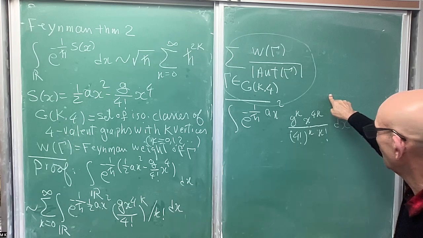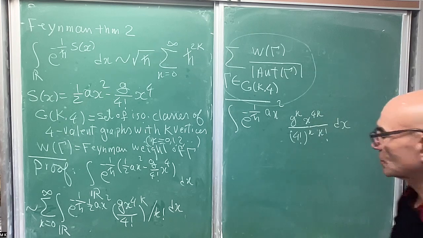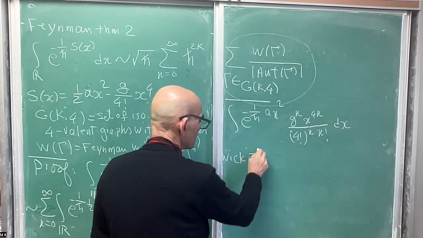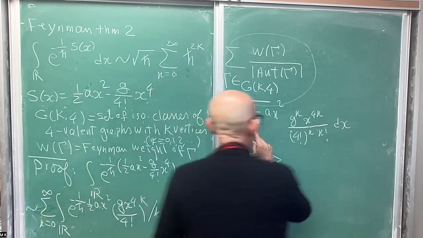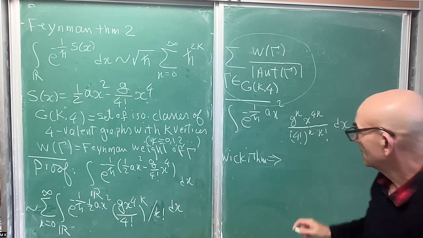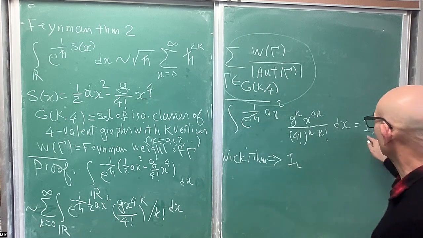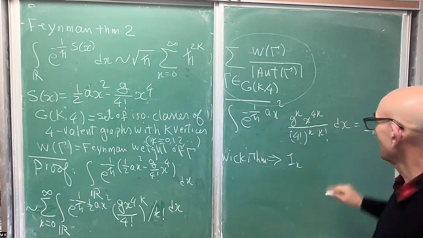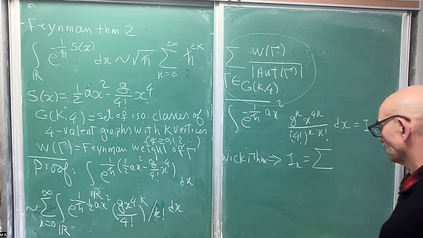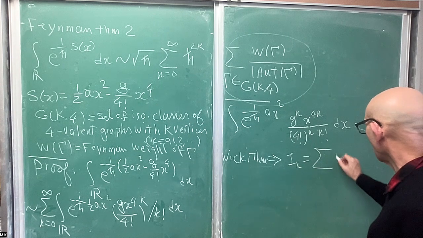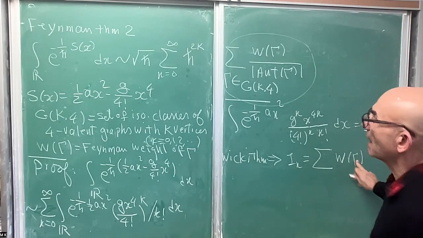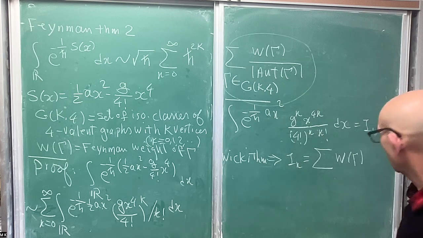So now the point is to use Wick's theorem first. It implies that this integral, let's call this I_k, where k equals 0, 1, 2, and so on, I_k is given by a sum over, again, I use this notation, weight of gamma, but these gammas are quite different from these gammas, I tell you.